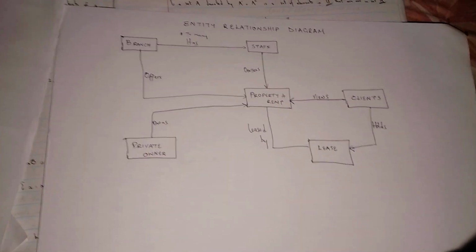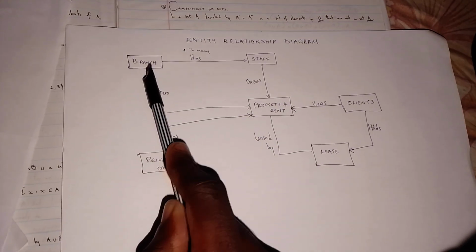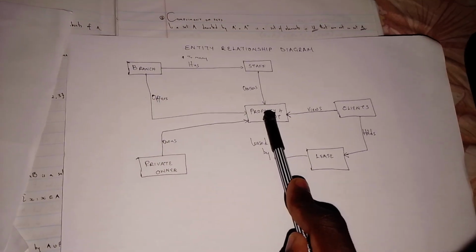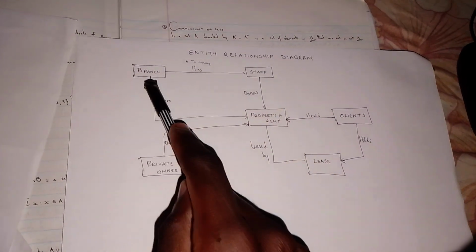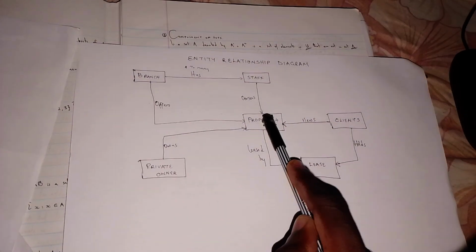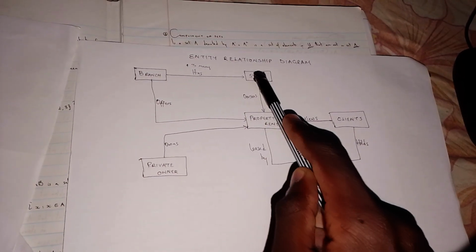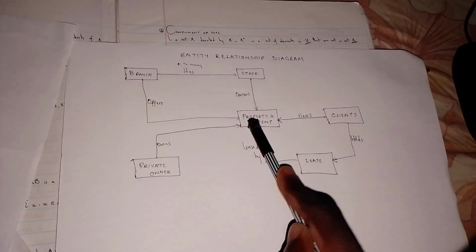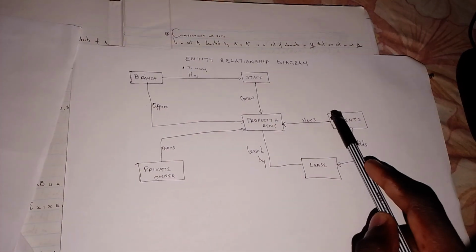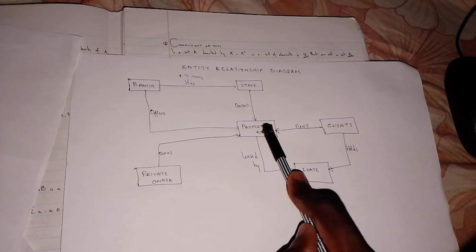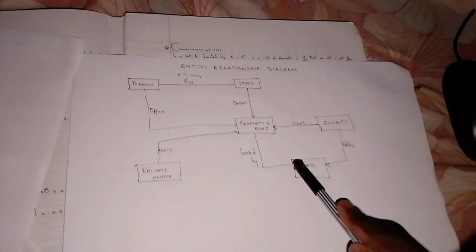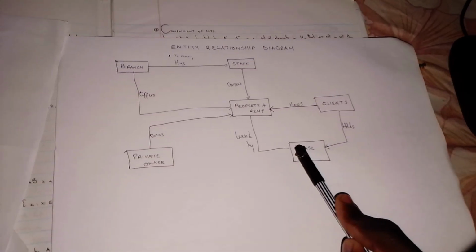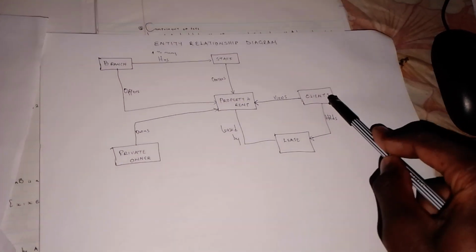So, just a quick overview. A branch offers properties that are overseen by the staff it has, and the same properties can be viewed by many clients. These clients hold leases. A client can hold many leases, but each lease belongs to one client.